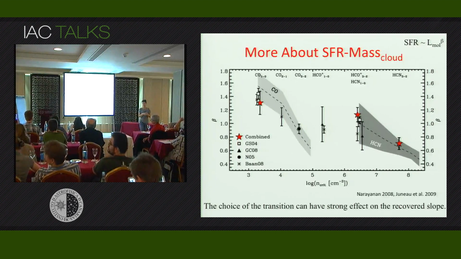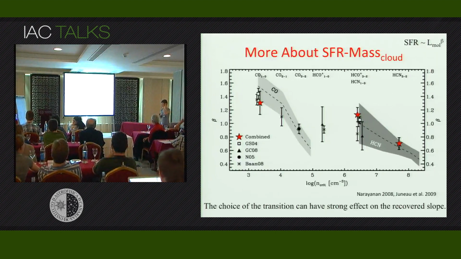An intuitive understanding of why. As you go to higher and higher density tracers, you are reaching a point in which, on the axis you have star formation rate, on the horizontal axis you have star formation rate. You ought to recover a one-to-one correlation.